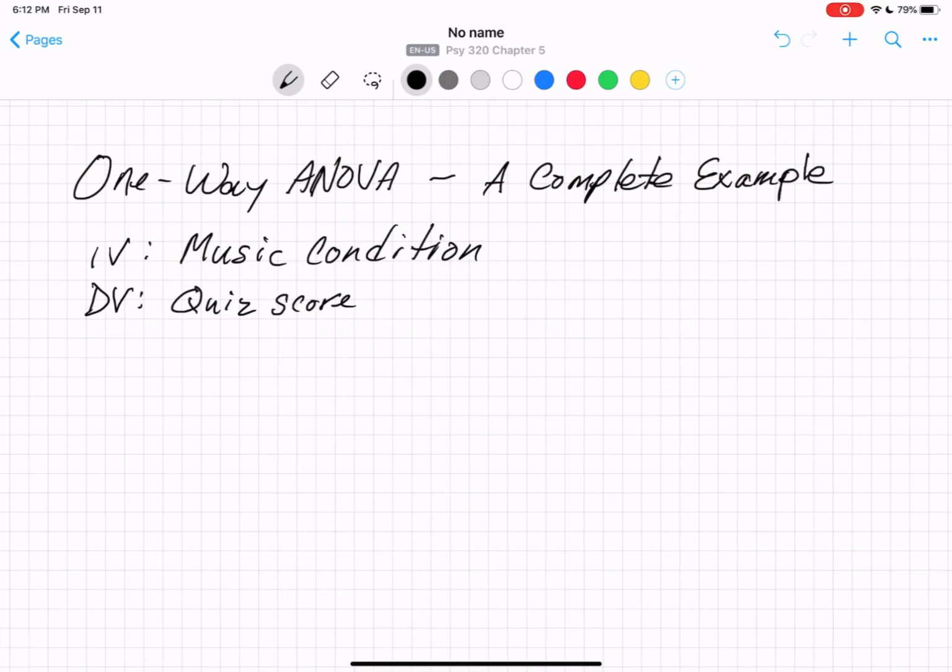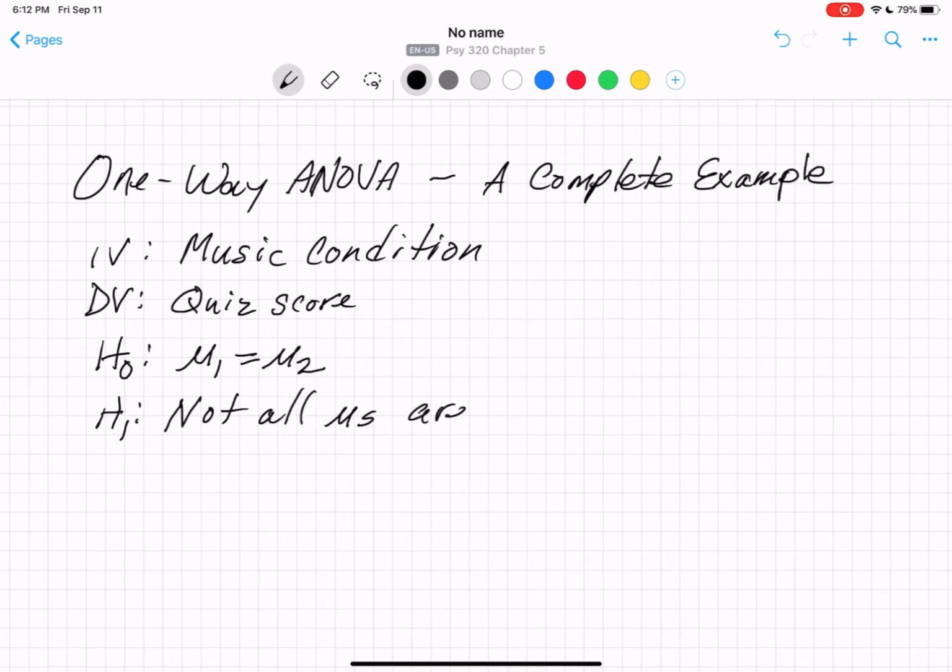Then we're going to have our null hypothesis. We only have 2 groups, so it's mu1 equals mu2. Our alternative hypothesis is not all mu's are equal.